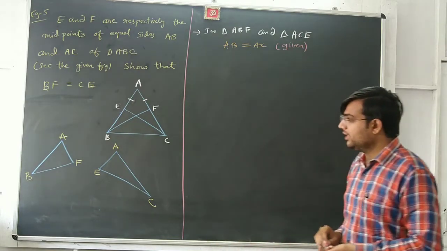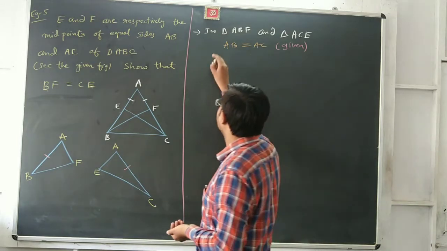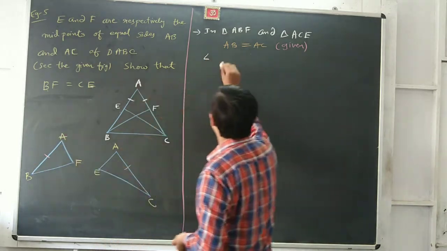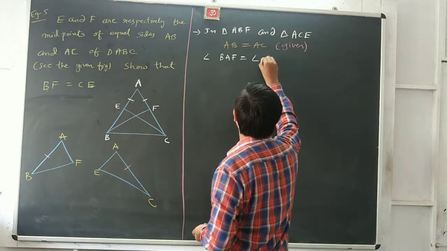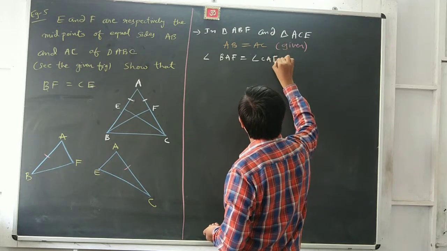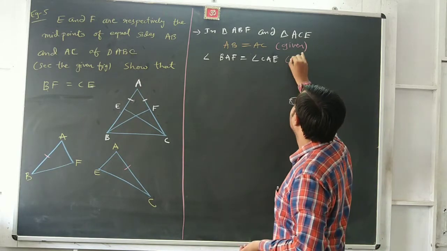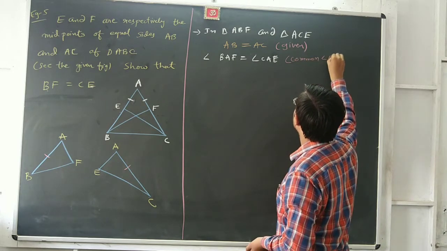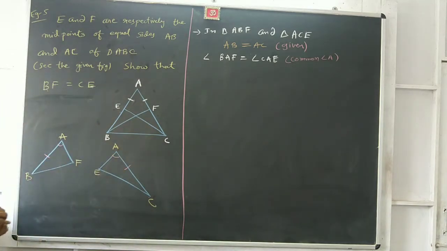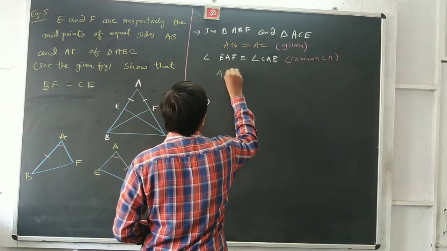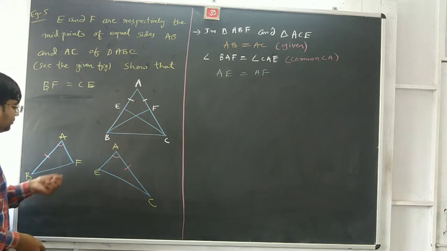Now I can say that angle BAF is equal to angle CAE, because it is the common angle A. And now I can also write AE is equal to AF. Sorry, AF is equal to AE.